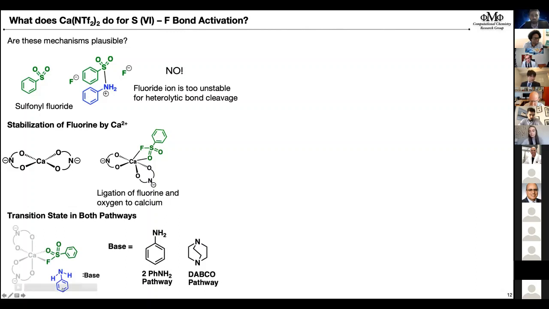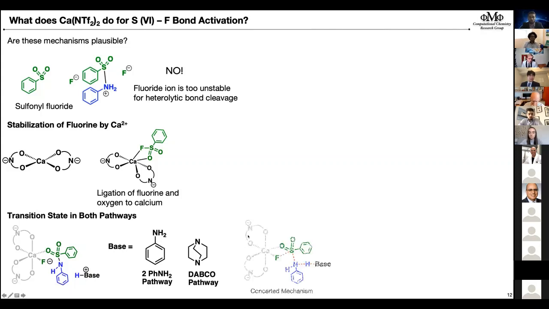In both reactions, the only difference is that the base is the aniline in the two-aniline pathway, and DABCO is the base in the DABCO pathway. And we see that the base deprotonates that proton and grants a negative character on that nitrogen. That makes the nucleophilic attack favorable, thereby displacing that fluoride ion. Then as that fluoride ion gets formed, calcium goes on to stabilize that negative charge. And we saw in our transition states that this happens in one step, in a concerted mechanism.